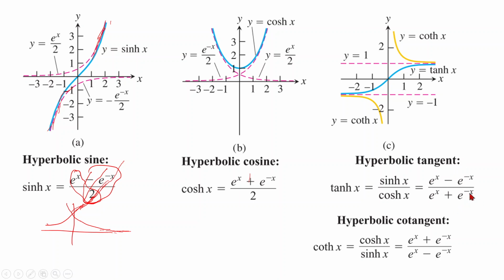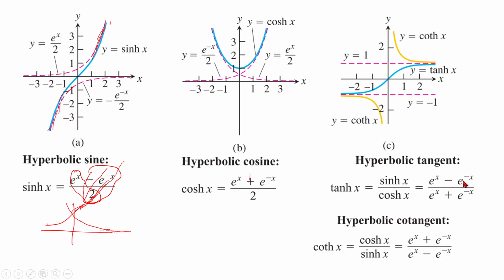So what does that mean? The denominator is always greater than the numerator. No way can a positive number minus a small positive number be greater than this one.